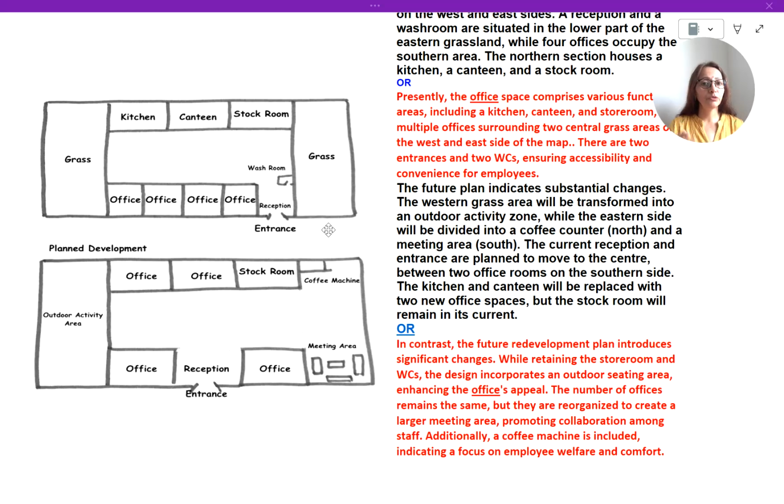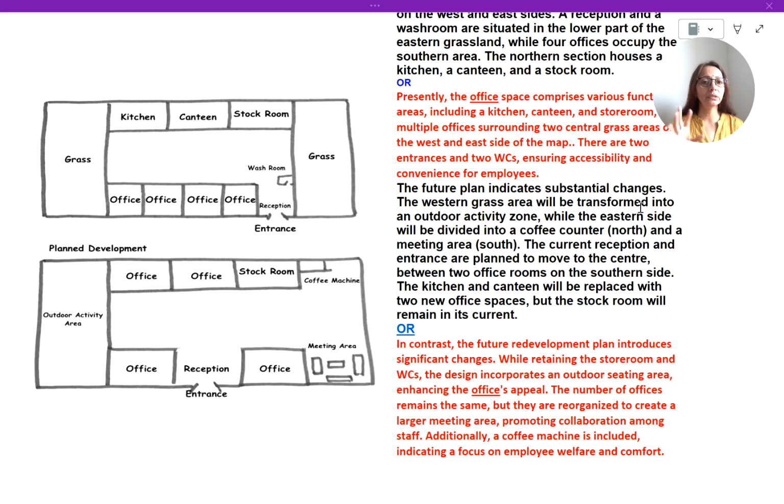Now for the future, the first paragraph is this black one and the other paragraph is this red one. You can pick either, optional, in two styles we have written this. The future plans, or you can start with any connector, you can say moreover, or the second map displays, the second future plan indicates substantial changes. What does it indicate? Substantial changes. The western grass area will be transformed.